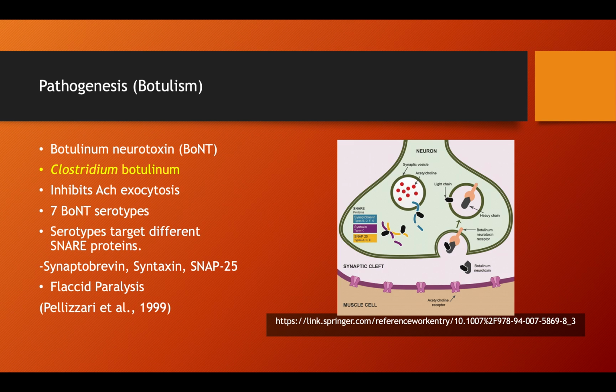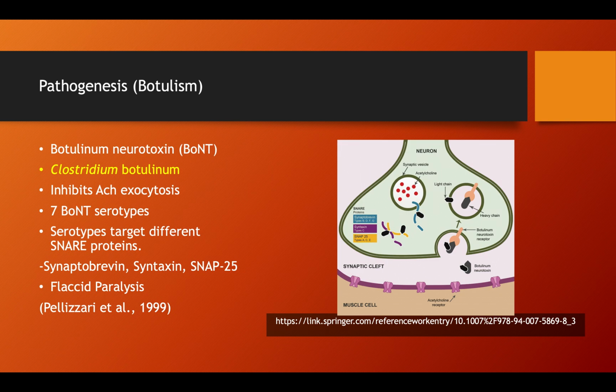On another note, there's another disease that's similar to tetanus called botulism, but with the opposite effect. Botulism is caused by a bacteria called Clostridium botulinum, which produces the toxin botulinum neurotoxin, or BoNT.